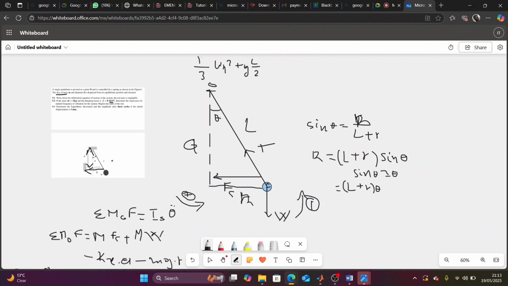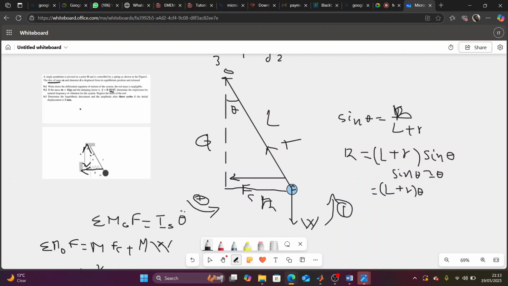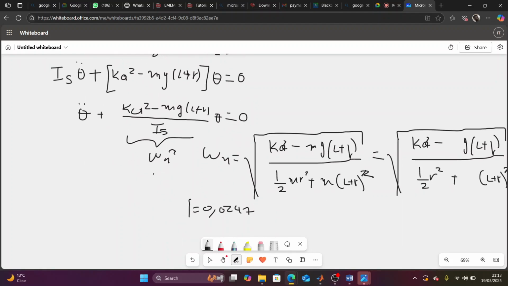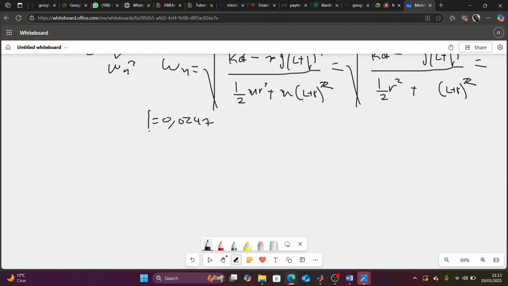Now, Andile, we can move to 9.3. They said determine the logarithmic decrement and the amplitude after 3 cycles. Let's start first with the logarithmic decrement. Remember I said when you reach this part where you have damping factors, all you need to remember are the formulas. You've got a list of formulas, even during your test 1, as a formula sheet.